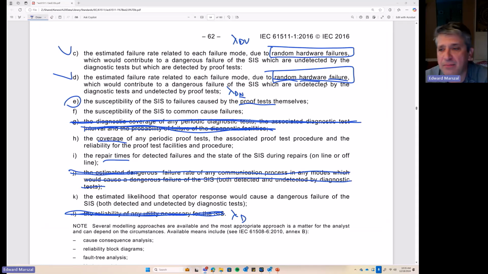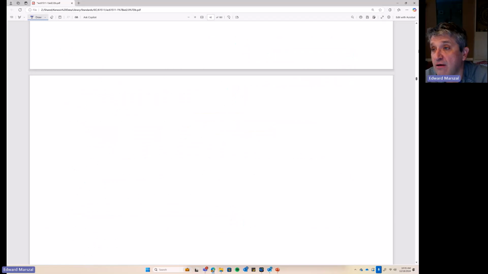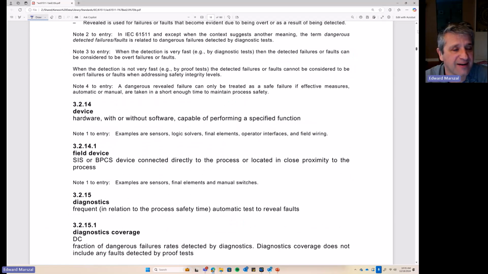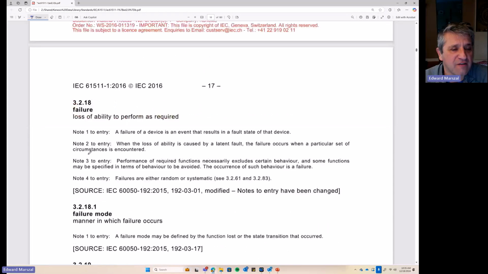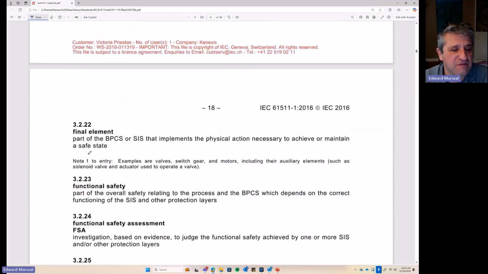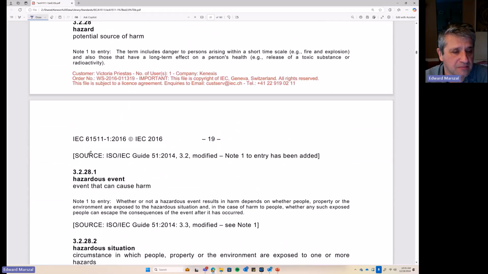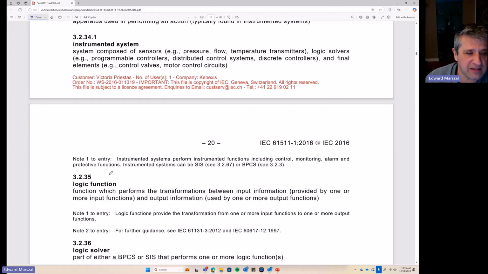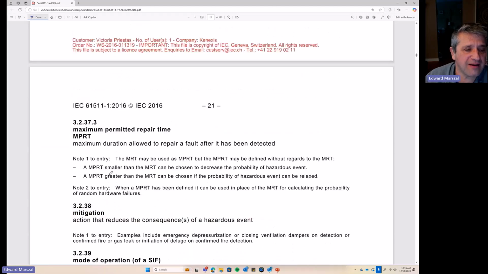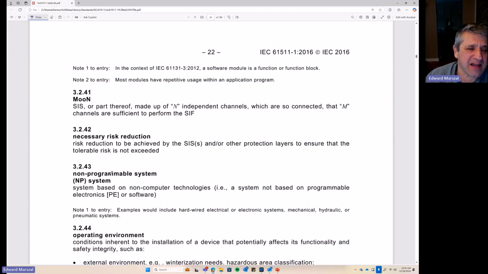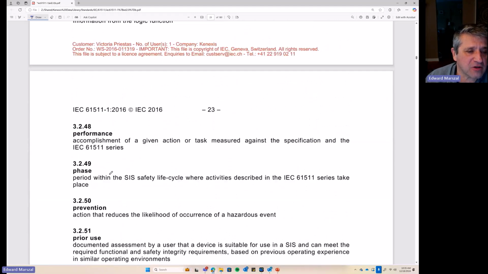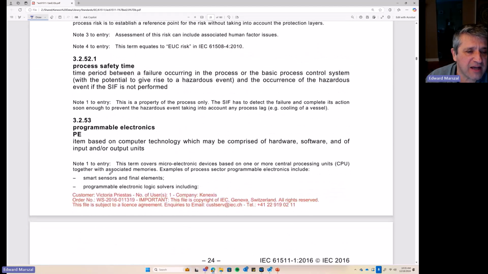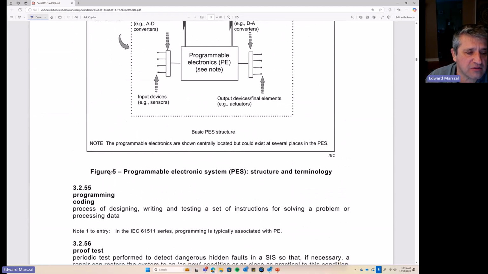So definitions are where? Everyone? Anyone? Clause 3. I'm going to go to the definition of a safety instrumented system. Everybody knows that clause 3 is semi-alphabetic. It's not exactly alphabetic, but it's semi-alphabetic. So I want to know, what is a safety instrumented system?